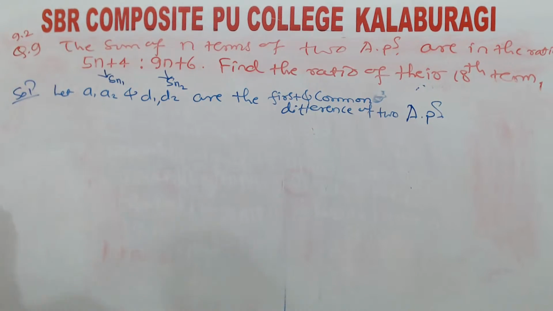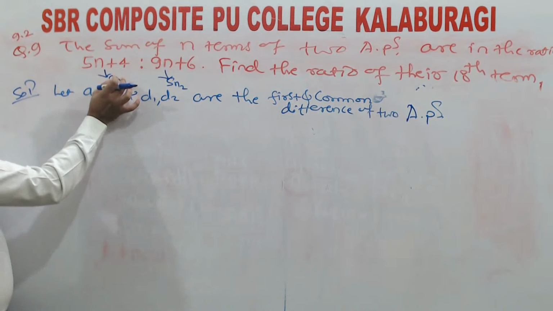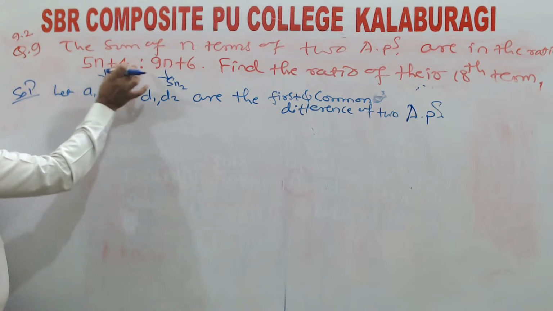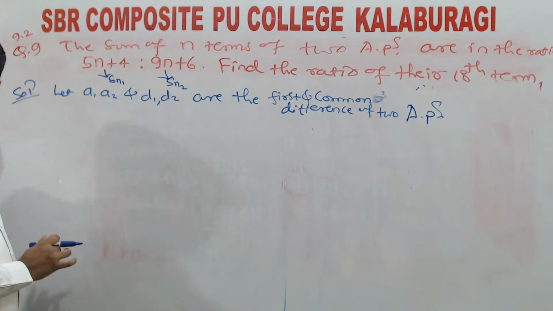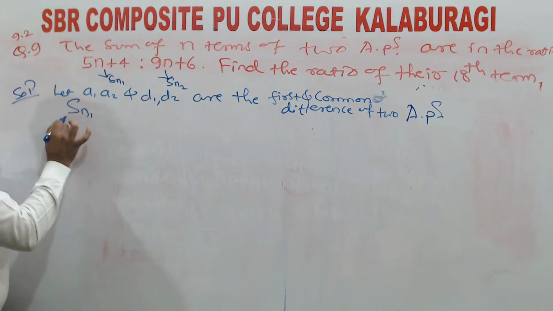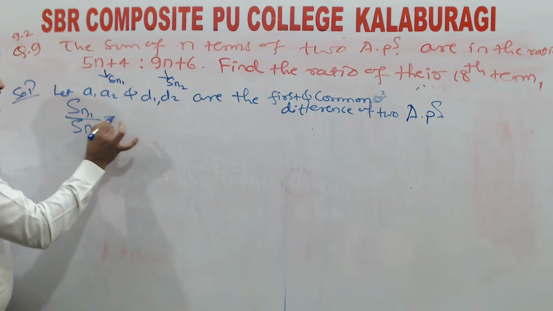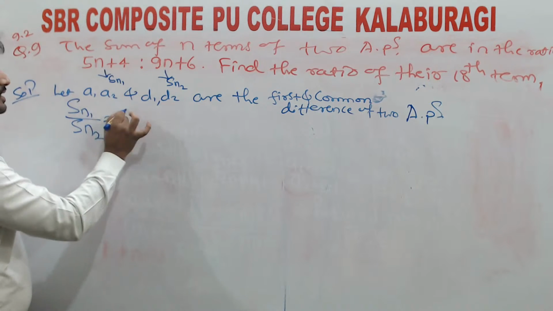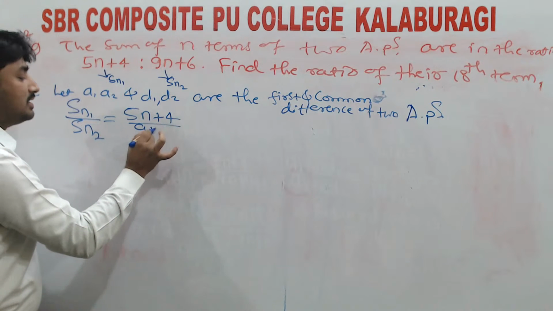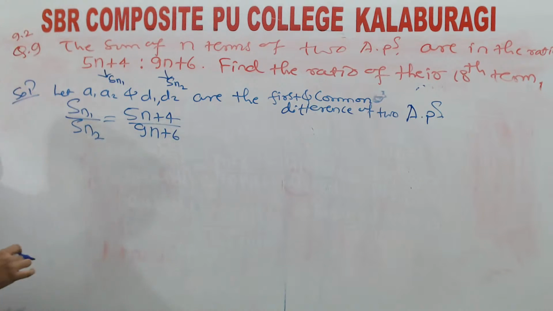Here they have given the ratio Sn1 is to Sn2 is 5n plus 4 is to 9n plus 6. It means I am taking the sum of the first divided by the sum of the second is equal to 5n plus 4 divided by 9n plus 6.